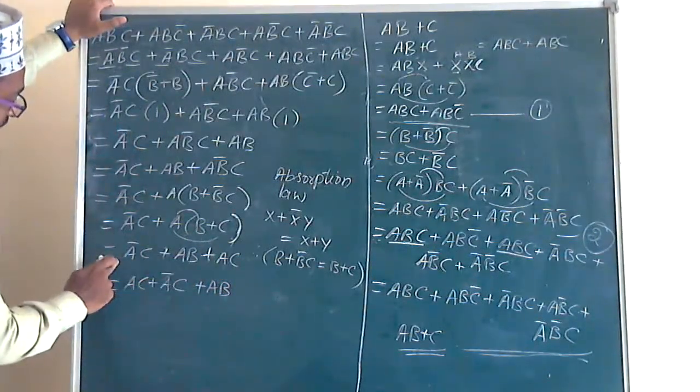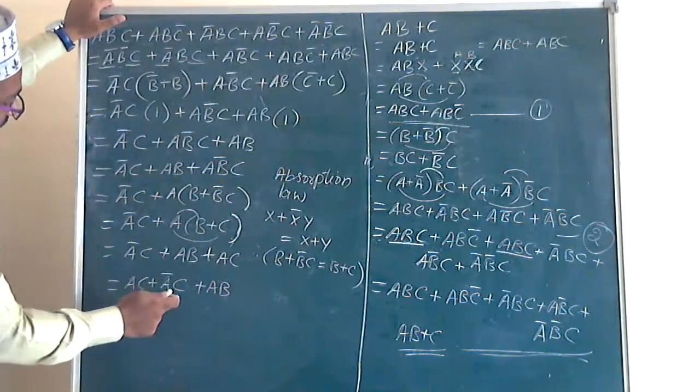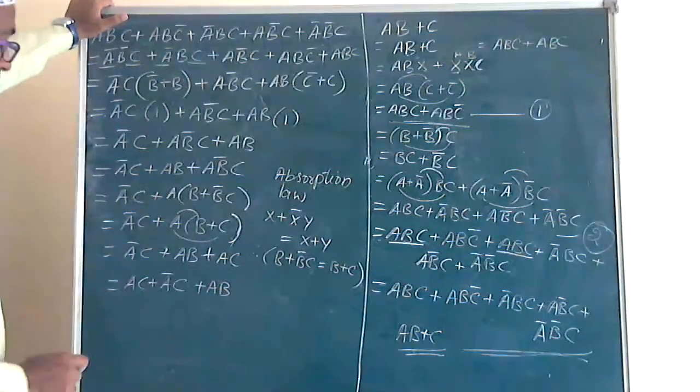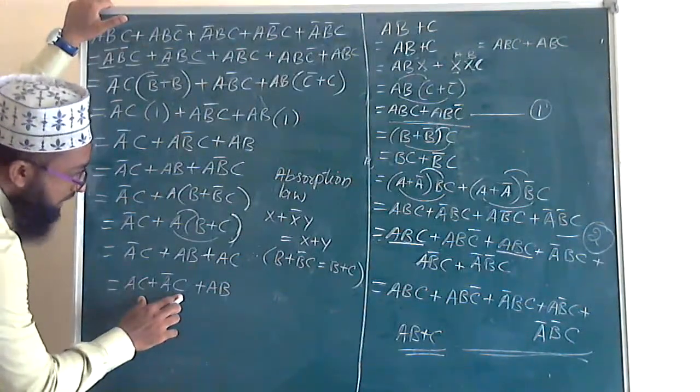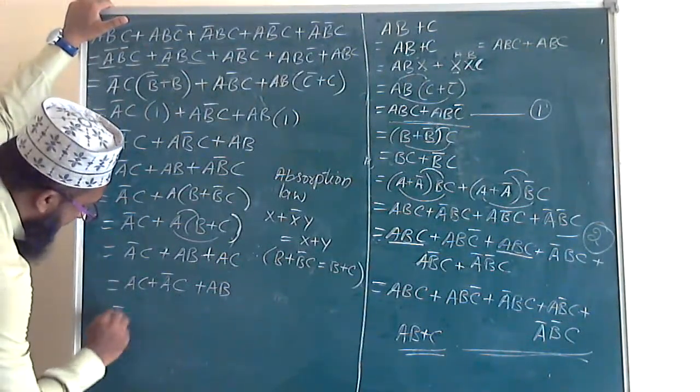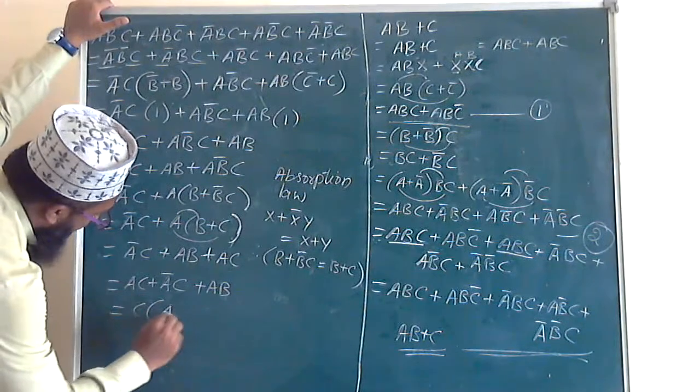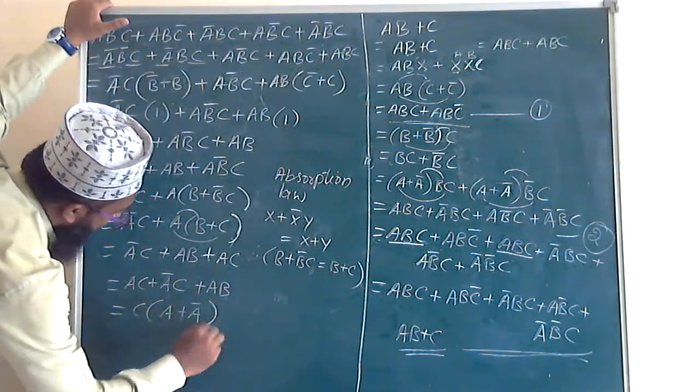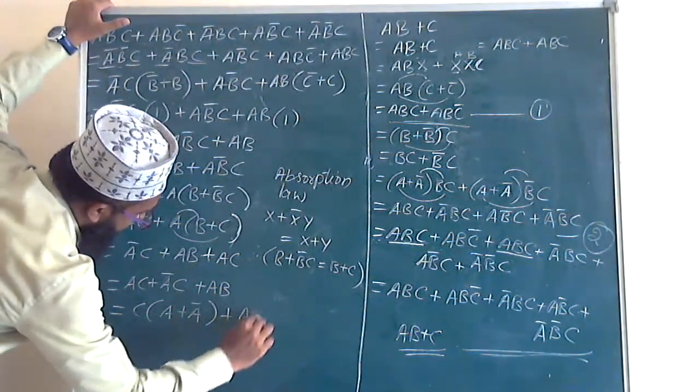Take A C at first, then A bar C, then A B. Among these, any common thing is there? Yes, C is there. C into A plus A bar plus A B.